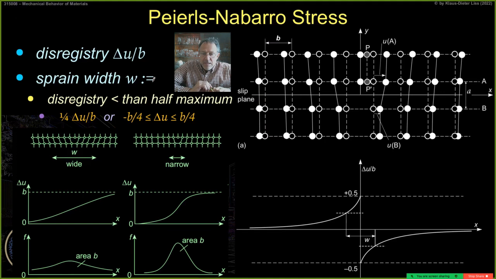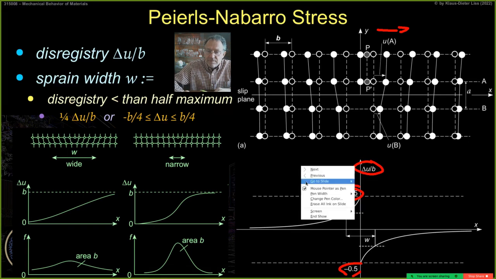And that means the u can be from 0 to plus 1/2 if we displace to the right, or from minus 1/2 to 0 if we displace to the left. So it can be between minus 0.5 and plus 0.5 as shown here. So this is u over b, or delta u over b.